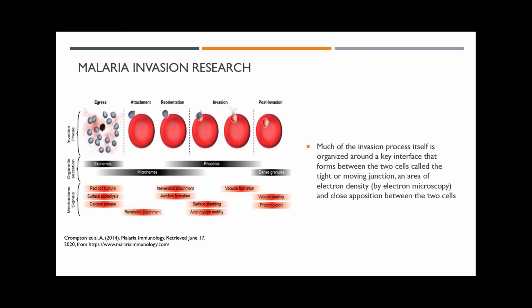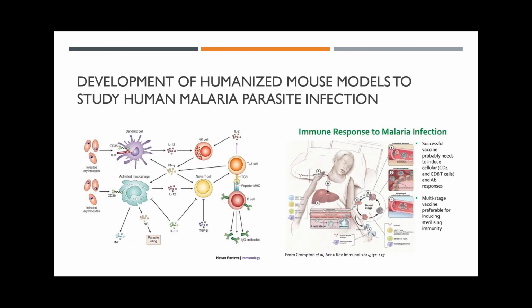However, although each step of invasion has been described in detail under the microscope, they are incompletely understood at the molecular level and only recently described in cellular detail. This experiment contained various combinations of rodent Plasmodium species and inbred mouse strains to be used to mimic human malaria infections.